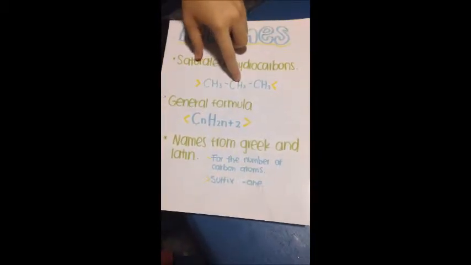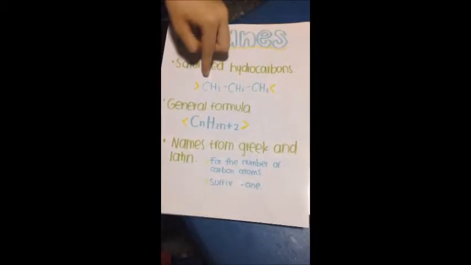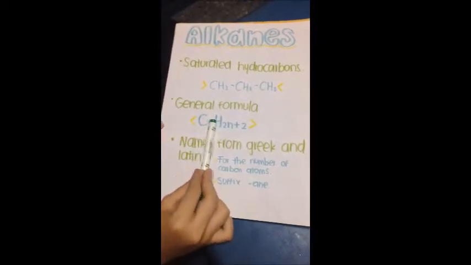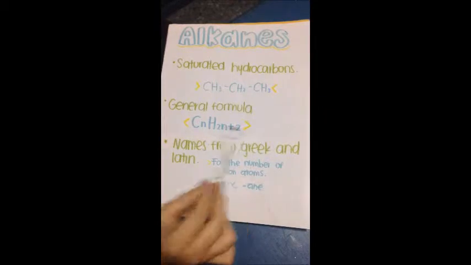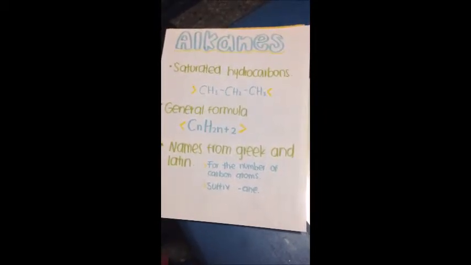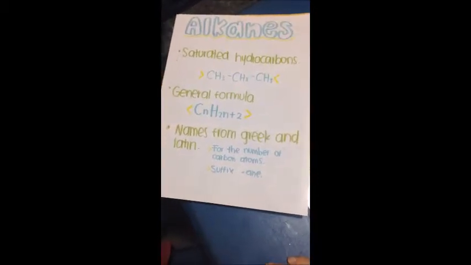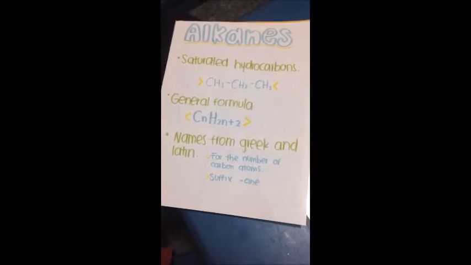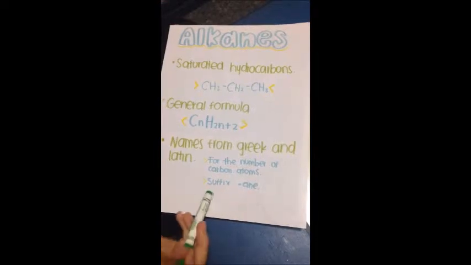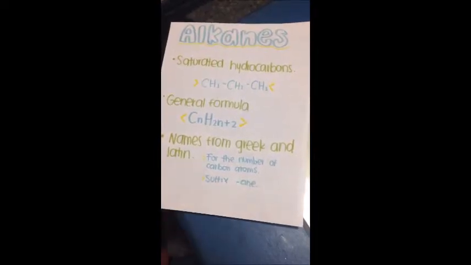Here, for example, there are two in this carbon atom, 1 and 1, 4. The general formula is CnH2n+2, where n is the number of carbon atoms, and the names come from Greek and Latin. They are derived from these languages for the number of carbon atoms, and they use the suffix -ane.